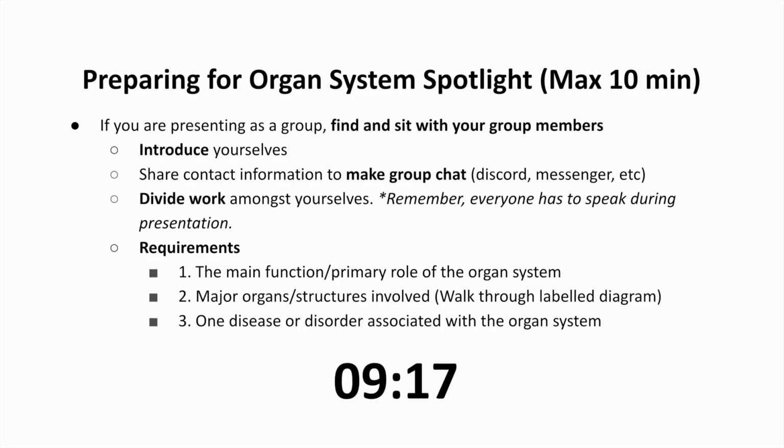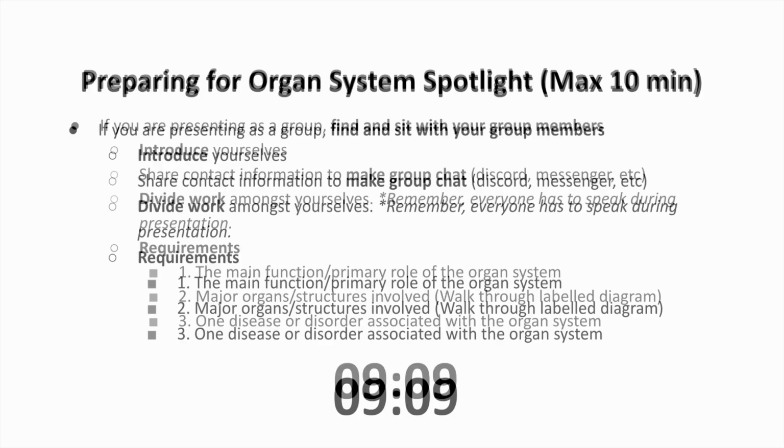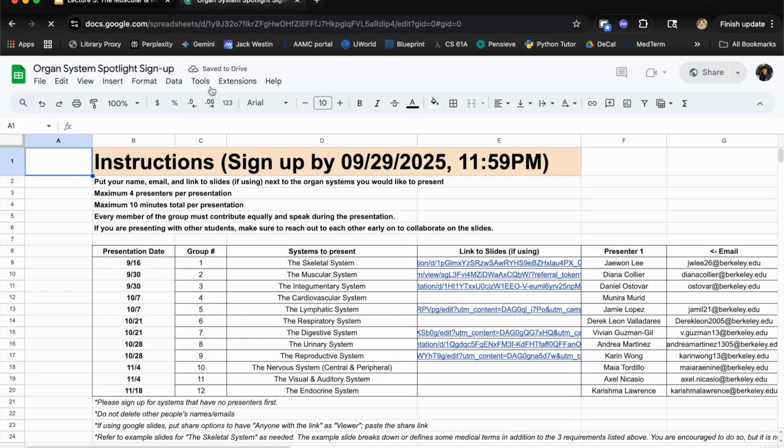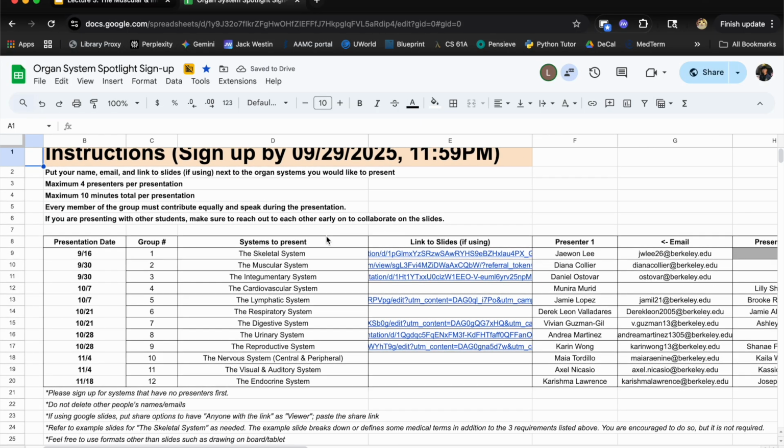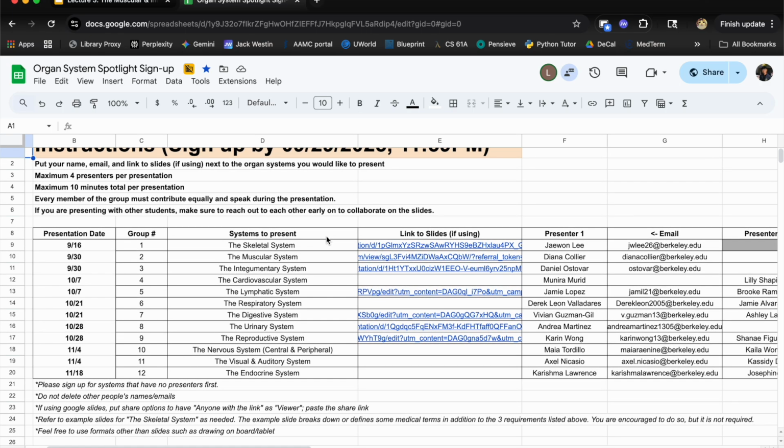Or actually, should I pull this up? This might be easier then. Okay. So I guess you can find people by the group name and call out the group name.